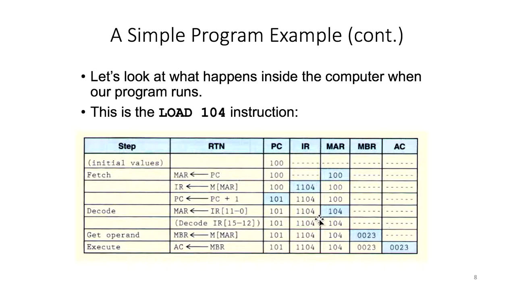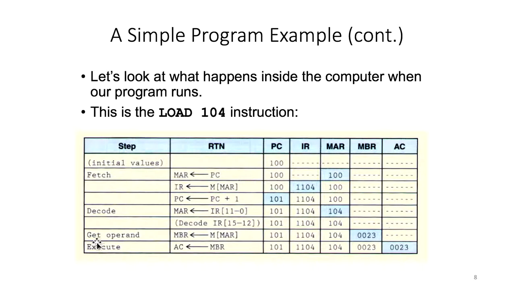Then we decode the opcode of the instruction, represented by bits 12 through 15. This corresponds to the value 1, which means load the content at address 104 in memory to the AC.